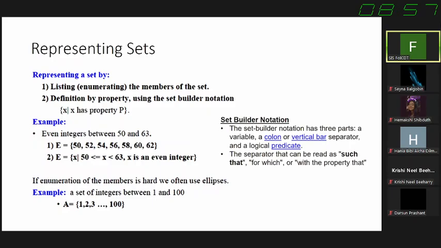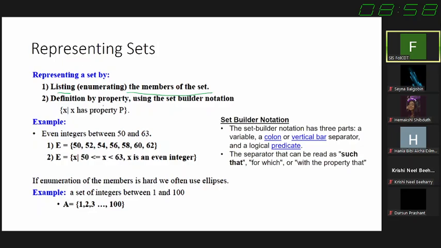So representing sets, and this is the most important element. How do you represent sets? If you want to develop a system that can solve a problem, you should be able to represent the environment, the problem, using sets. So representing a set by listing, enumerating the members of the set.